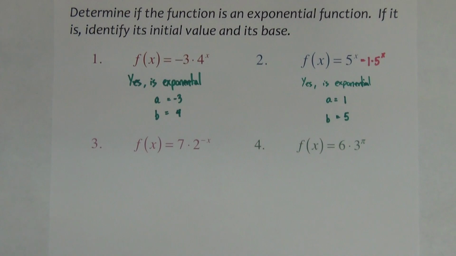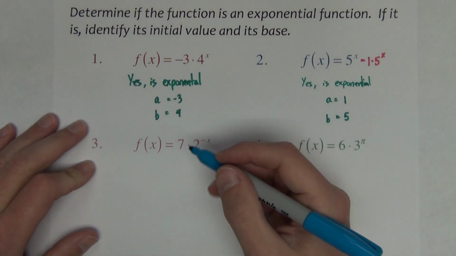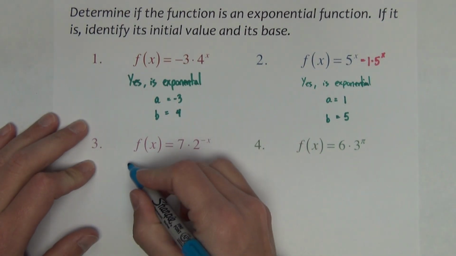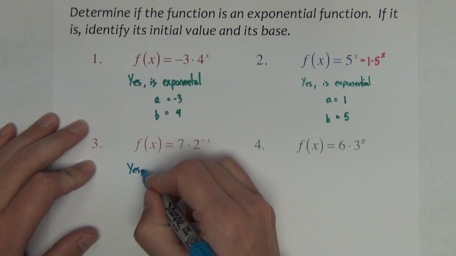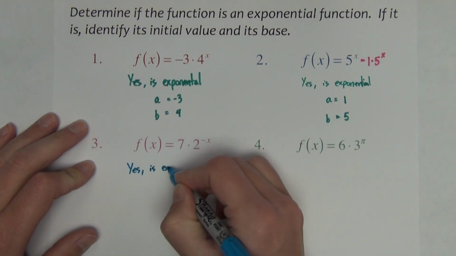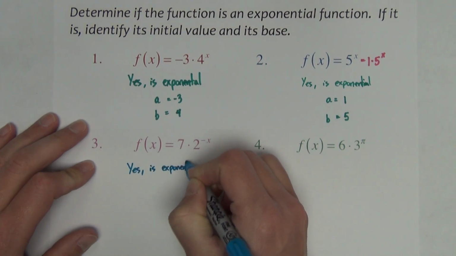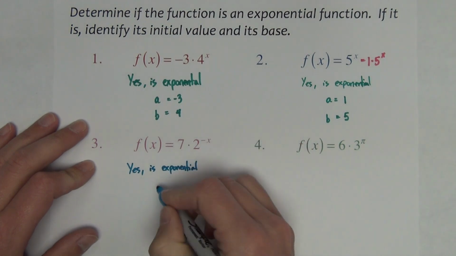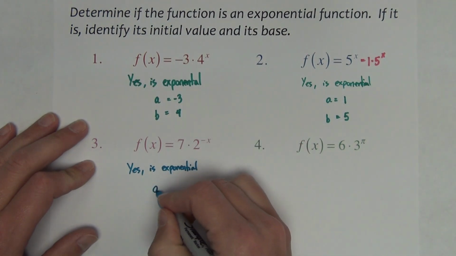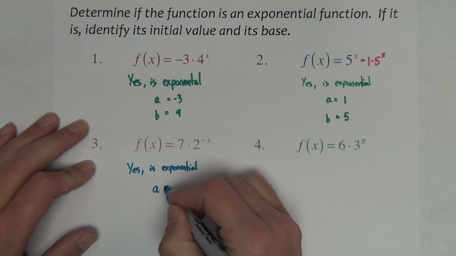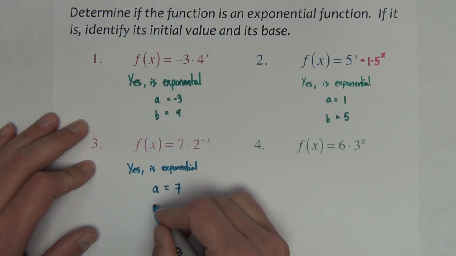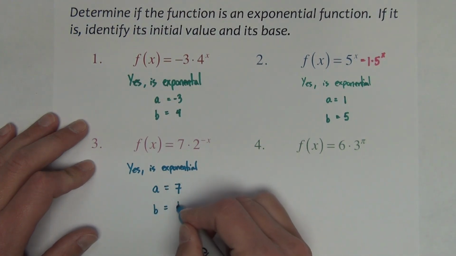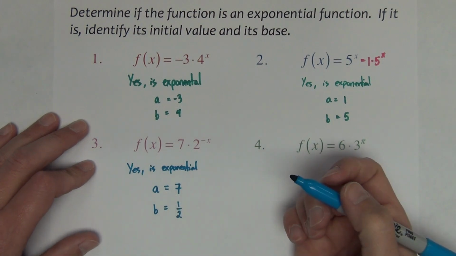The next one looks a little different. You notice that the exponent is negative, but yes, this is exponential. So let's break it down. The initial value a is equal to 7, and the base b is equal to 1/2.